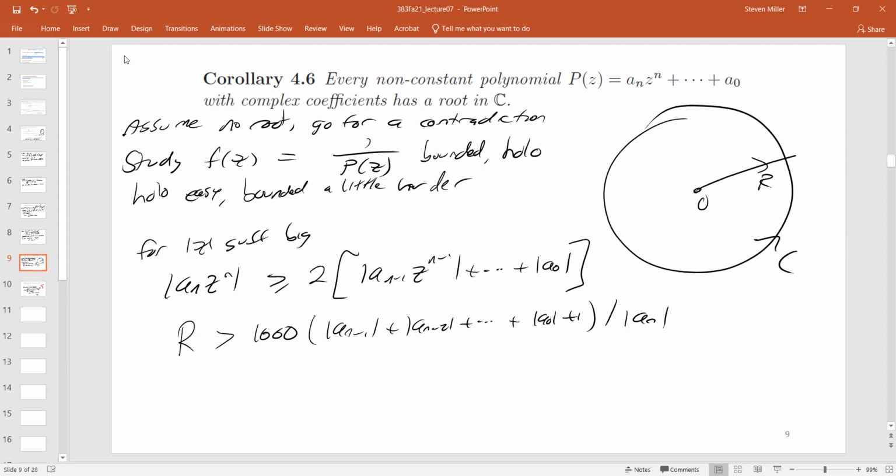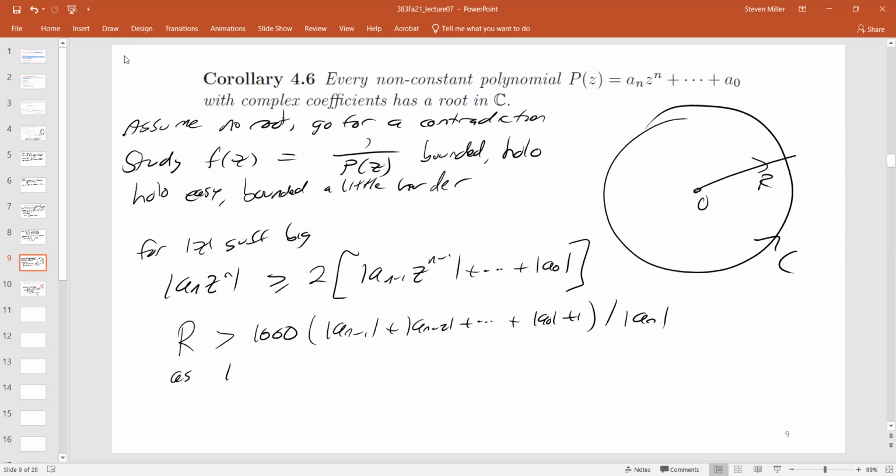Okay. Well, since that's going to infinity, then that means eventually there's going to be some limit when I look at the reciprocal. It's going to be getting smaller as I go further and further out, right? Because if p of z is going to infinity, then 1 over p of z is going to 0.